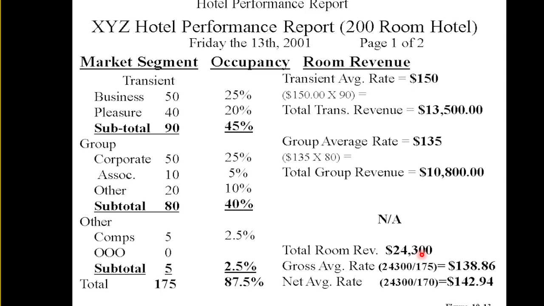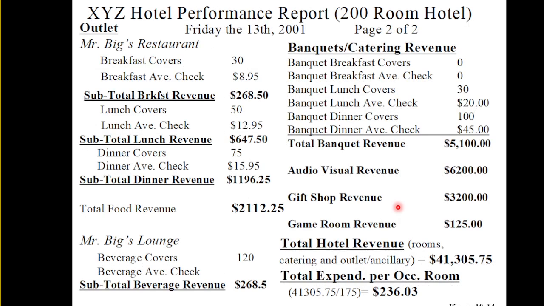Then for restaurants, we have $2,112.25. For Mr. Big's lounge, that is $268.50.